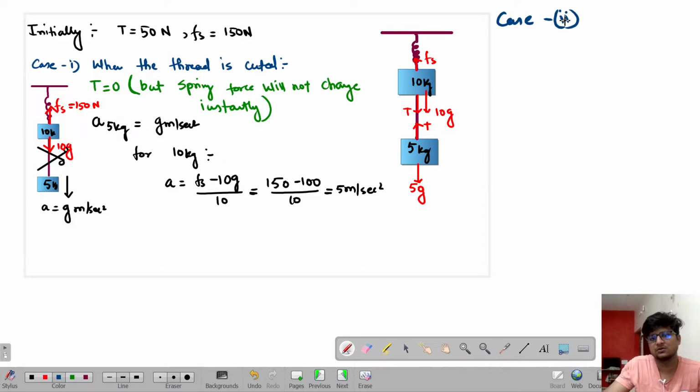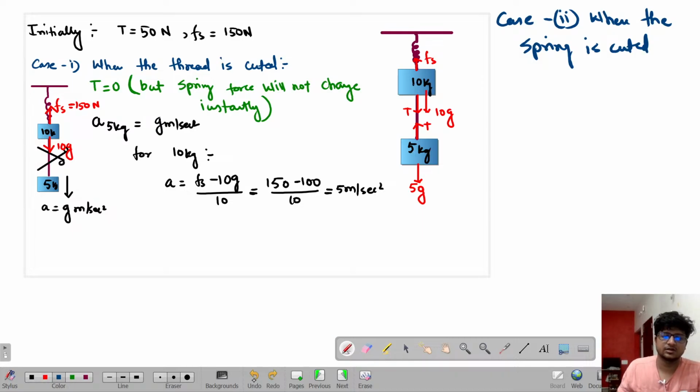Case 2. Now, when the spring is cut, what will happen? Instantly the tension will change its nature or not? Instantly it will change its nature. Are you able to get me or not? So look over here. As the spring is cut, spring force will become how much? 0.